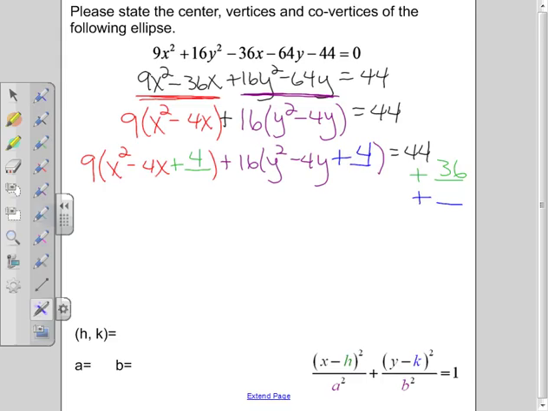So again, a lot of people would think, oh yeah, I added 4 so on the left side, so add 4 on the right side. This is in fact not true, because you did not add 4. You actually added 16 times 4, which in fact is 64.